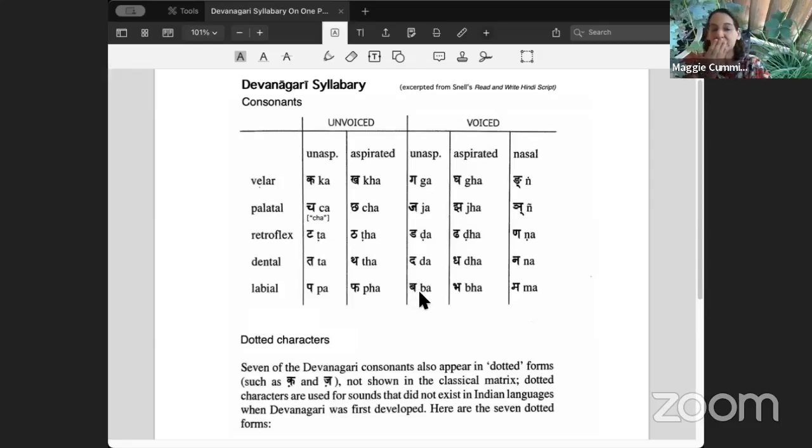We don't aspirate that. And then this is the hard one, pha. If you think of laughing, doing a little chuckle, or getting punched in the stomach, this will help. This ma is exactly like our English M, so no problem there.